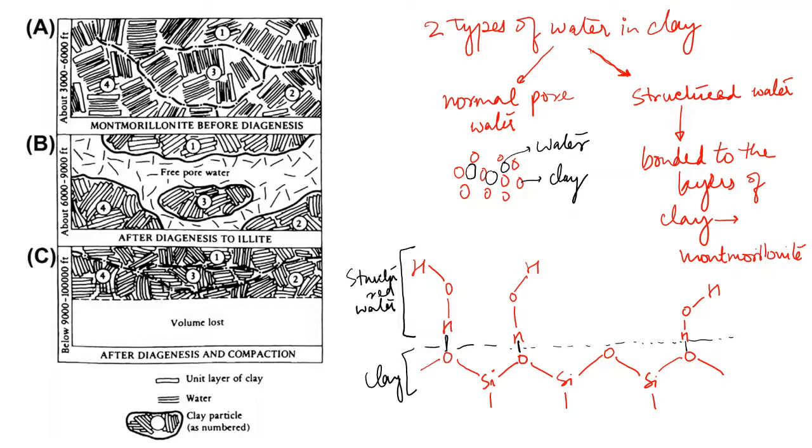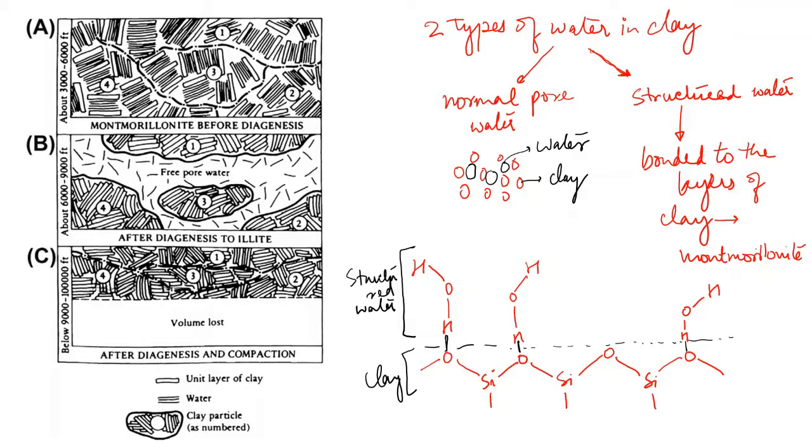Remember this: illite and kaolinite are clays which are compacted very early, at relatively shallower depths, while montmorillonite clay gets compacted after 2 kilometers of burial.